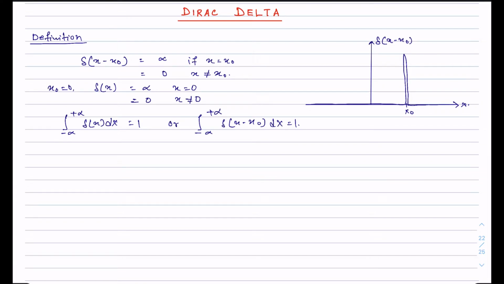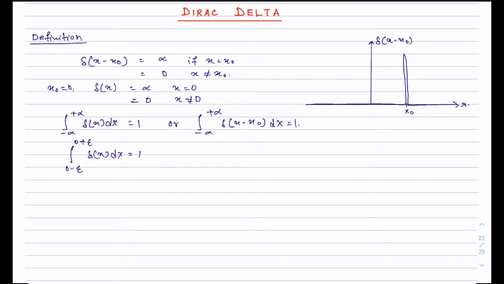Sometimes it is also written like this: integral from 0 minus epsilon to 0 plus epsilon of delta(x) dx equals 1, where epsilon is an infinitesimally small positive number. So this is the definition of the Dirac delta function.